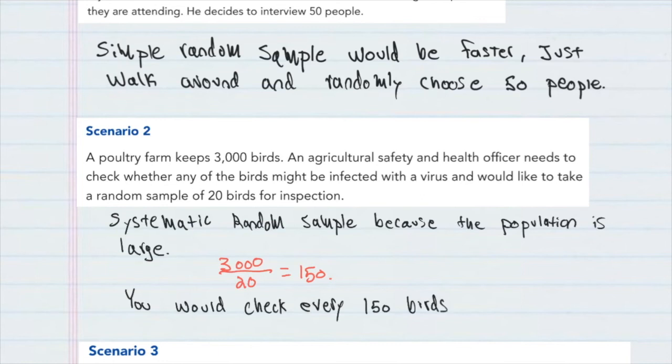Okay, so that's usually how you choose a systematic approach: you find your population and then you divide by the number of people that you want to select. And that way you know how many to count off by.